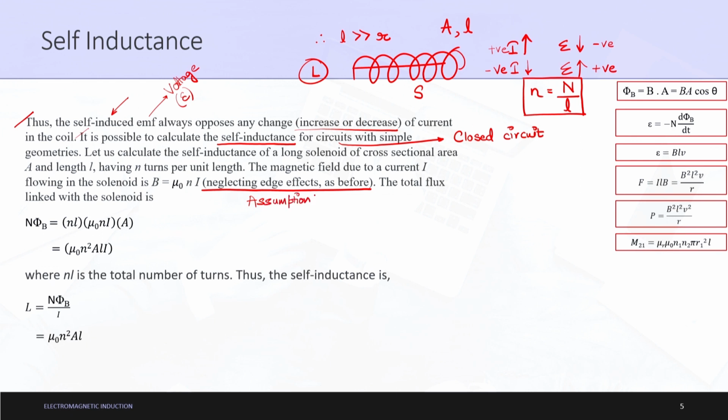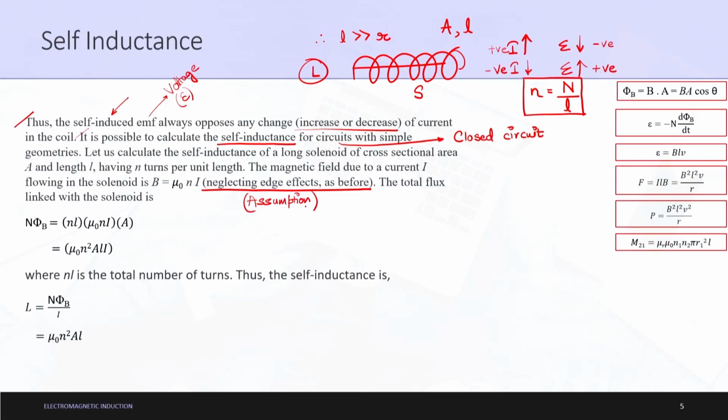This assumption is kept so that the value of B we are using here is constant. It should not vary either with space or with time, because in real life leakage also happens. Hence, to make conditions ideal, this assumption is used here.